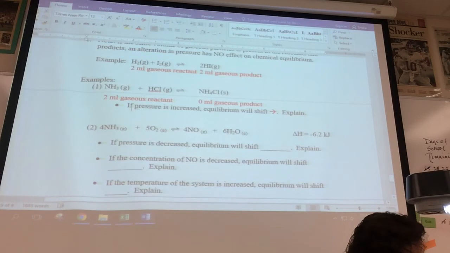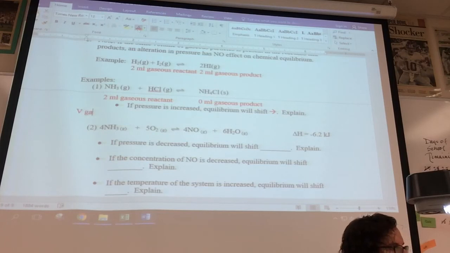And that is because the volume of gaseous product, which in this case is 0 mils, is less than the volume of gaseous reactant, which in this case is 2 mils.